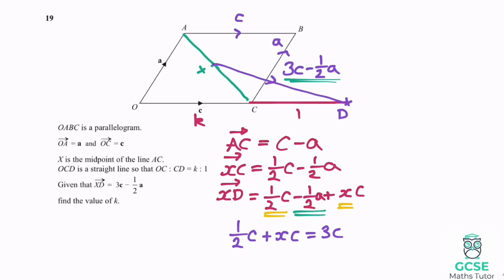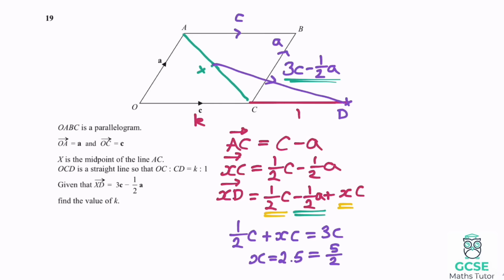So x has to be 2.5. When it comes to vectors, it's just personal preference. I like to leave it as a fraction, and 2.5 as a fraction in terms of halves is 5 over 2. So x there, or this distance, has to be 5 over 2 lots of c.